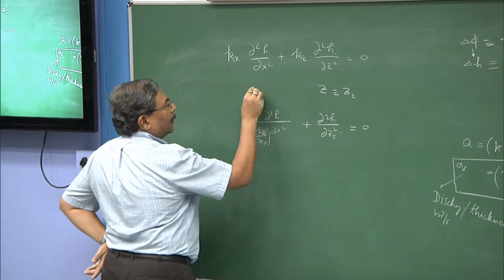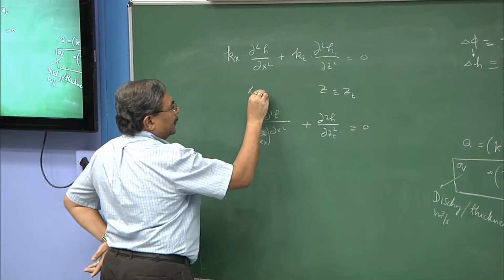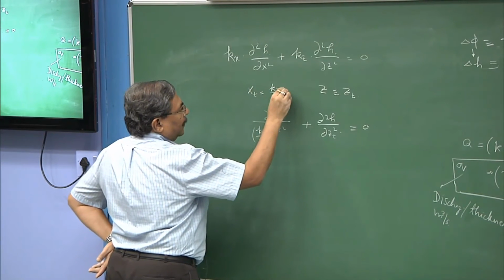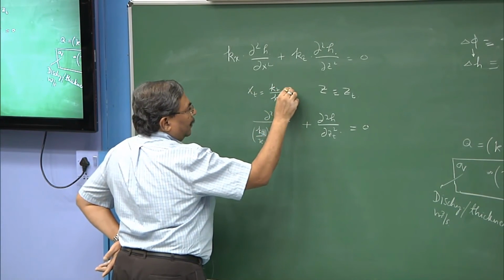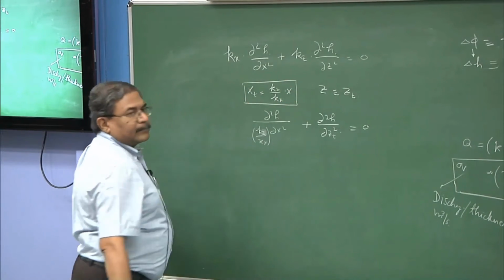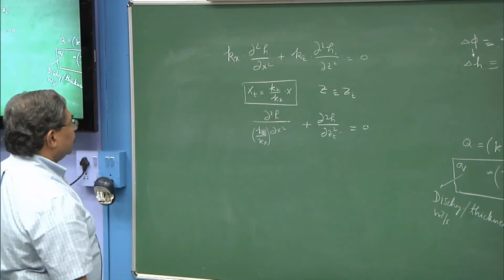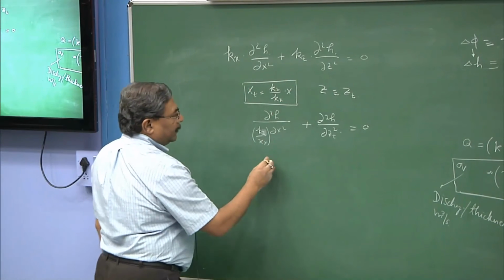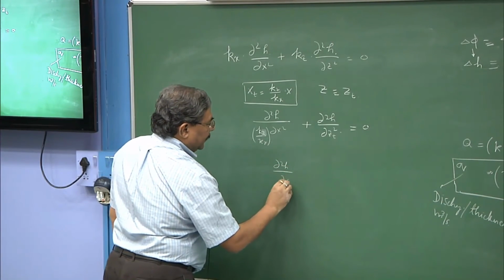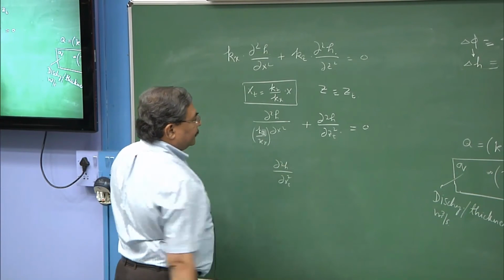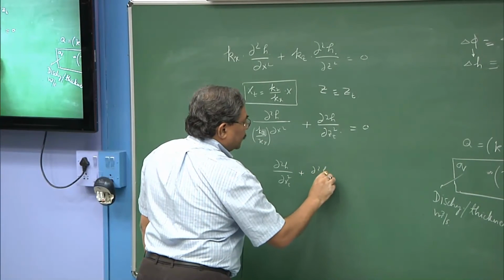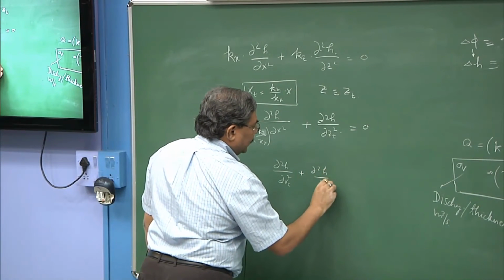If I assume that x t is equal to k z over k x into x, can I replace this term with del square h upon del x t square plus del square h upon del z t square?